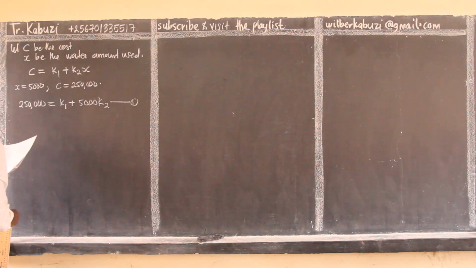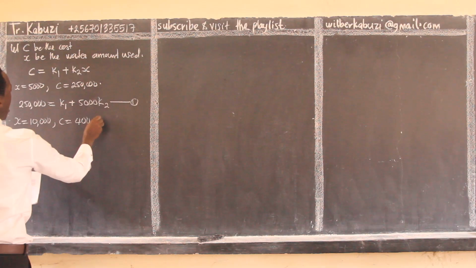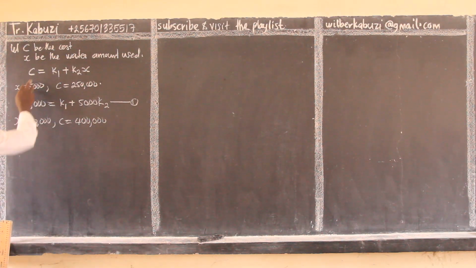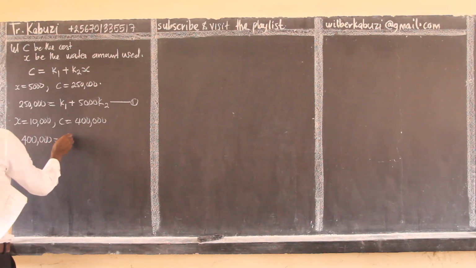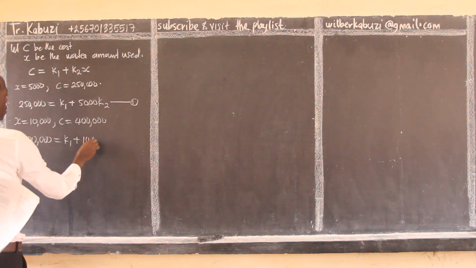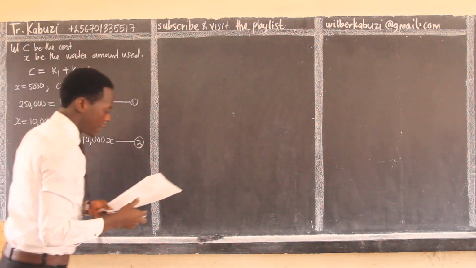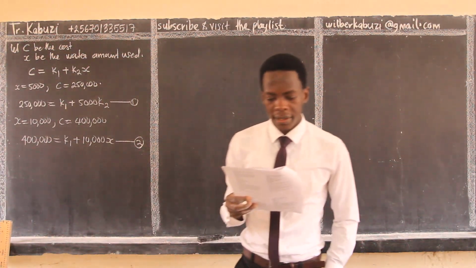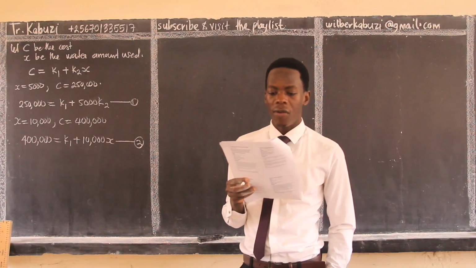Then they are telling us that irrigating the same farm with 10,000 liters, the cost is 400. Substituting in here, this one is equation 2. So they want to determine the cost of irrigating the farm with 15,000 liters of water.